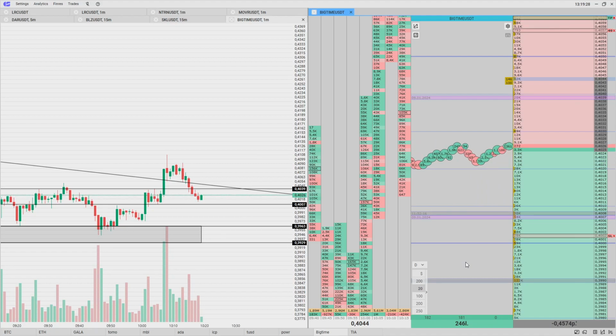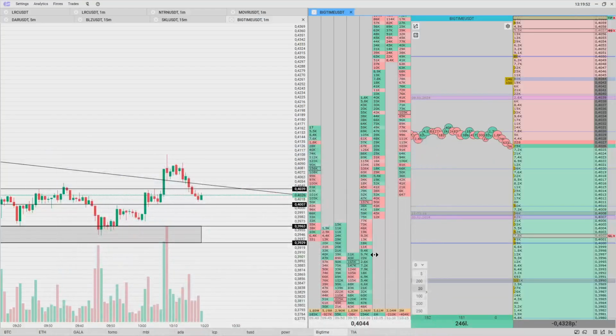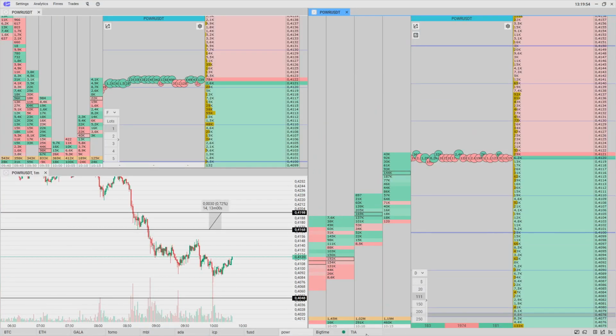Let's watch other zones. We open any screener. We just see any instruments that are flying, just skyrocketing big time: MTL, HNT, rare. Okay, MTL. Let's watch.